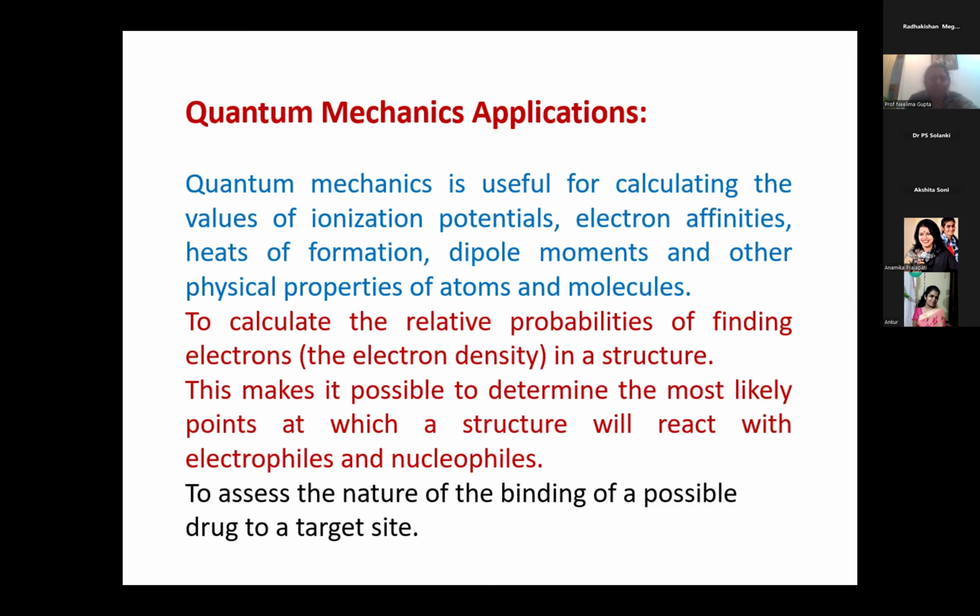One can calculate the values of ionization potentials, electron affinities, heat of formation, dipole moments, and many other physical properties of atoms and molecules. And one can calculate the relative probabilities of finding an electron in a structure, which makes it possible to determine the most likely points at which a structure will react with electrophiles and nucleophiles. Because when we talk about chemical reactions, normally the reactions are between the electrophiles and the nucleophiles.